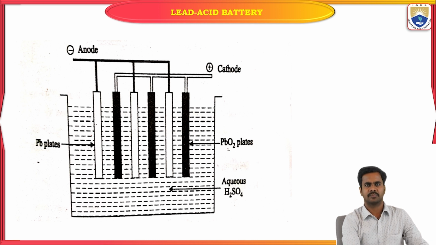These plates are arranged in an alternate manner and separated by insulators, and the anode and cathode are dipped into the electrolyte, aqueous H2SO4. This is a brief construction of the lead-acid battery.